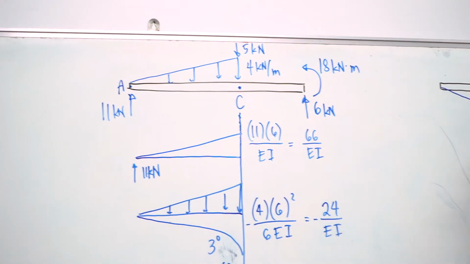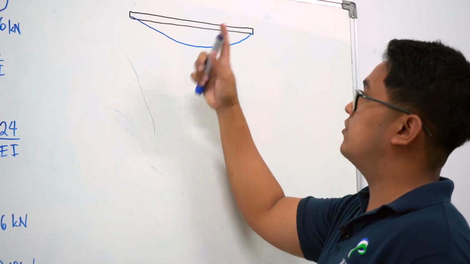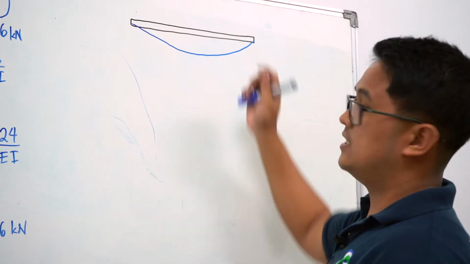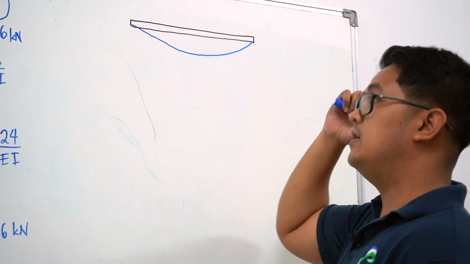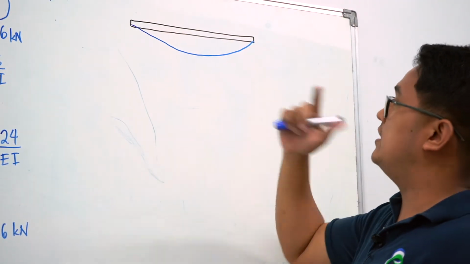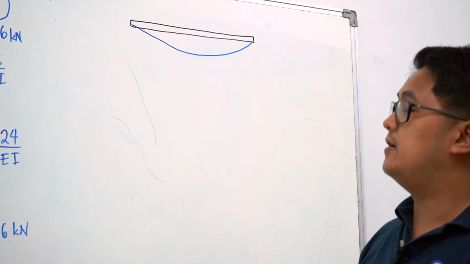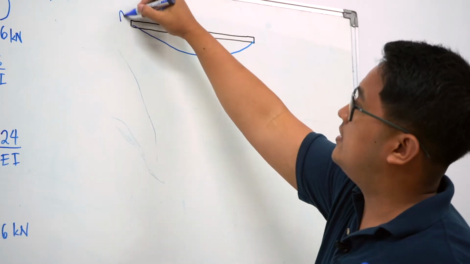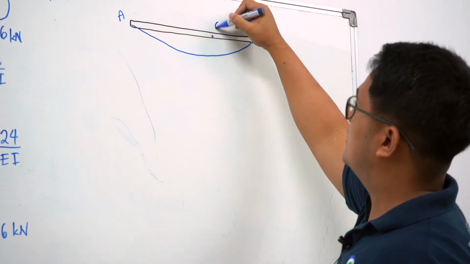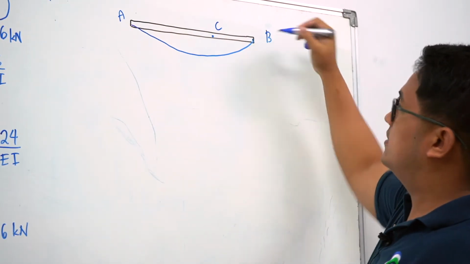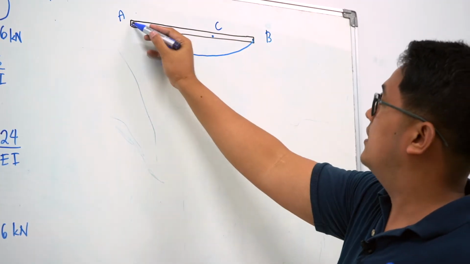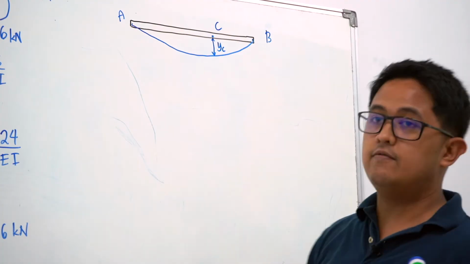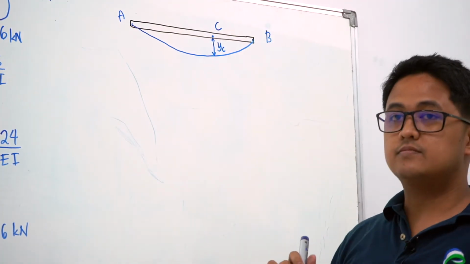So this is only an assumption, and no need to draw this to scale because it's just a sketch. But it's really helpful, especially in determining geometric relationships. So this is point A, this is point C here, and this is point B. Okay, so what we're looking for is this value, let's call YC, or the deflection of point C.